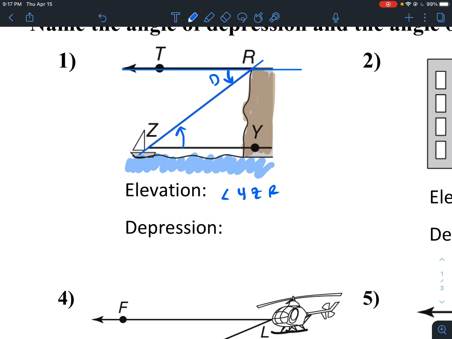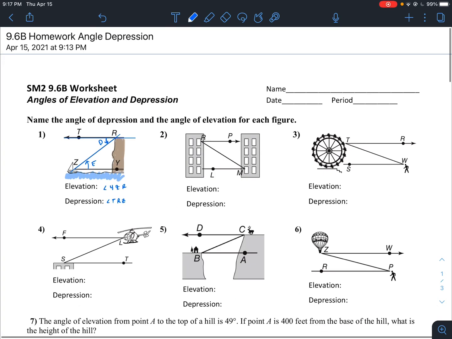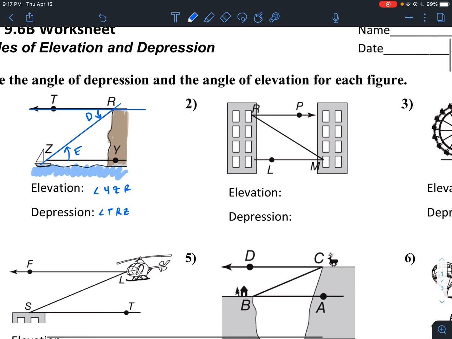Angles of depression are angles that are downward, and angles of elevation are angles that are upward. This angle of depression, we'll call angle TRZ, or you could name it ZRT, whichever way you want to look at it. That's really all this first part is: identifying angles of elevation and depression.